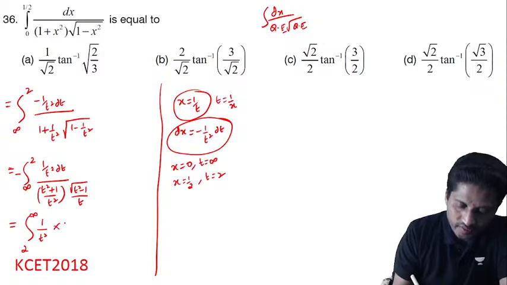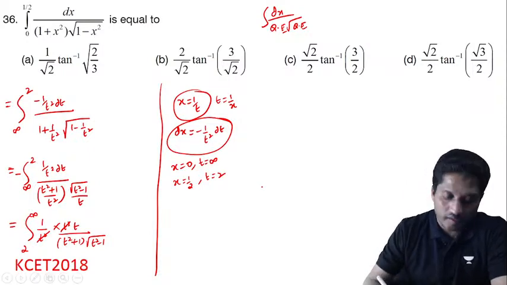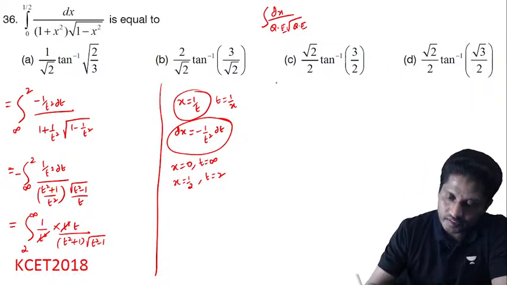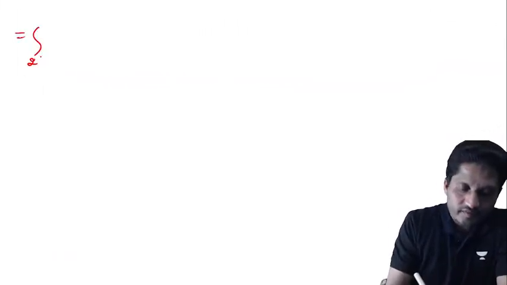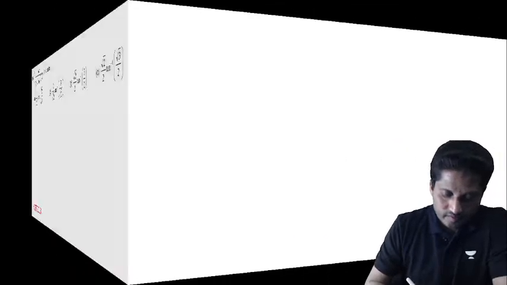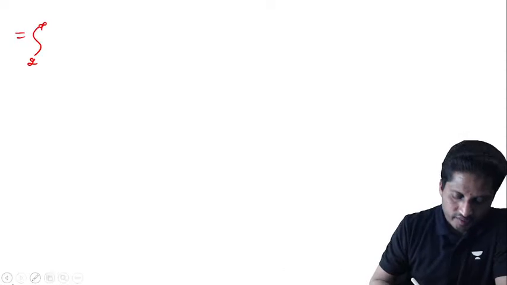This goes to numerator. T square into t divided by t square plus 1 to root of t square minus 1. Now this will cancel. I'll just simplify here. This becomes integration of 2 to infinity, t dt.